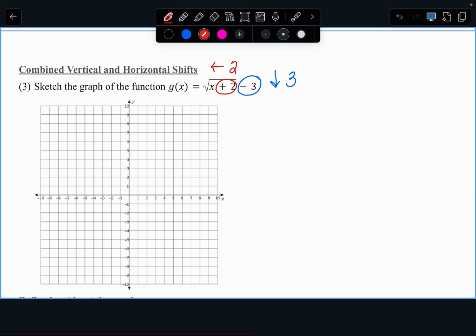So if we look at our regular square root function, 0, 0, 1, 1, 4, 2, 9, 3. We are taking every single one of those points, moving them left 2, down 3.